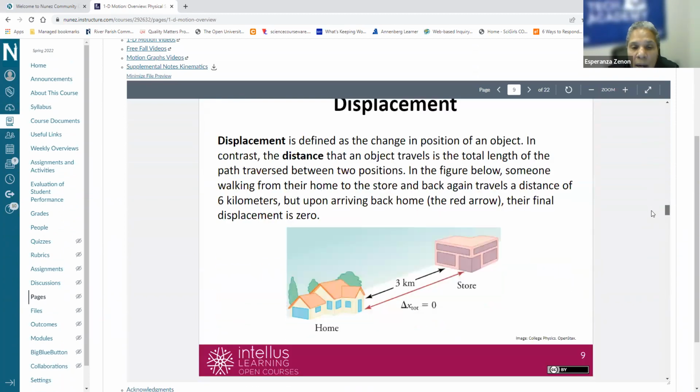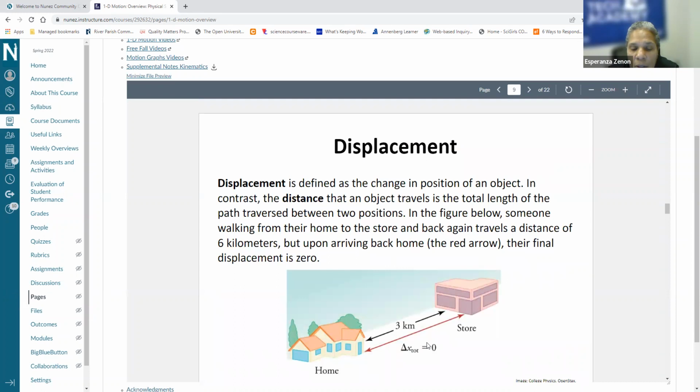If we went back to our visual here, okay, in this instance, going from home to the store and back, the displacement is 0. So how much is the average velocity? 0. Why? Because the displacement is 0, and it doesn't matter how much time it took, because anything divided by anything, if 0 is in the numerator, the answer is 0, right? But the speed relies on distance.